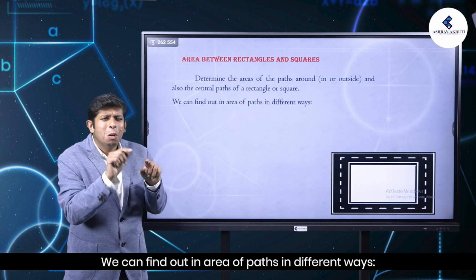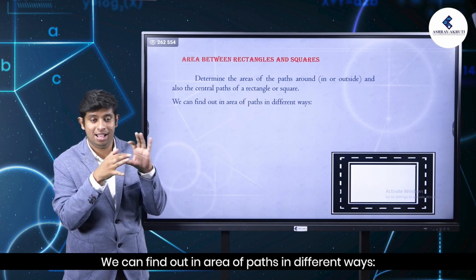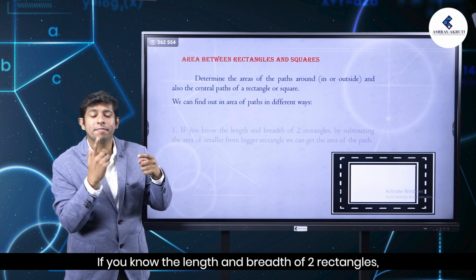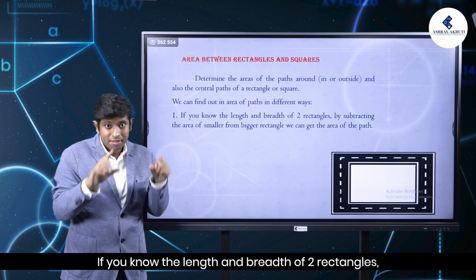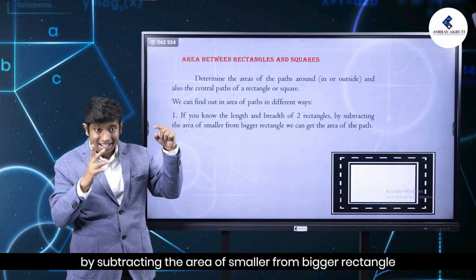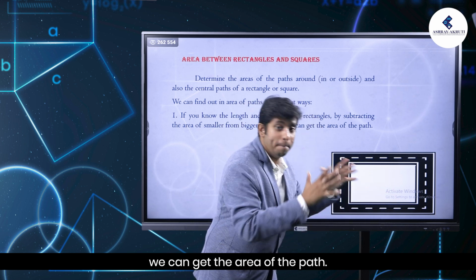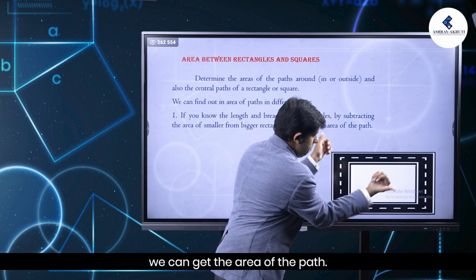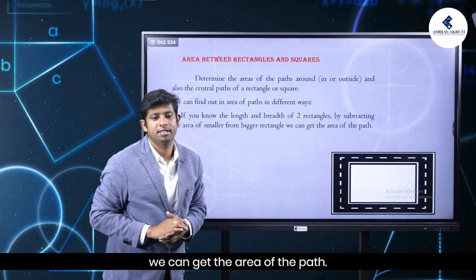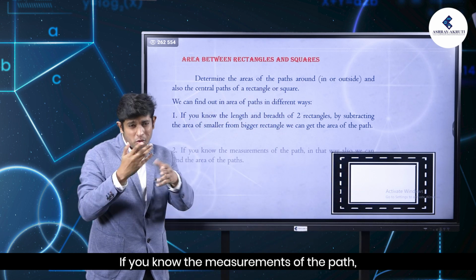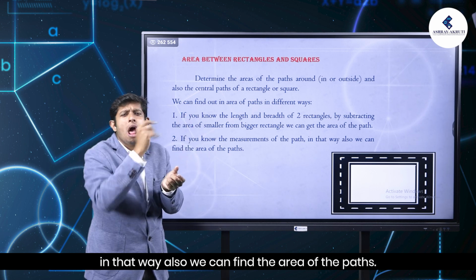We can find out any area of parts in different ways. If you know the length and breadth of two rectangles, by subtracting the area of smaller from bigger rectangle, we can get the area of the path. If you know the measurements of the path, in that way also we can find the area of the paths.